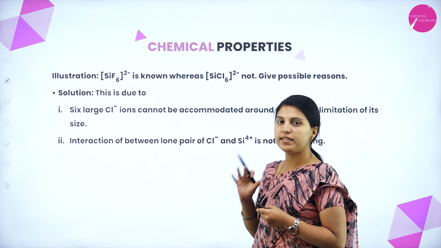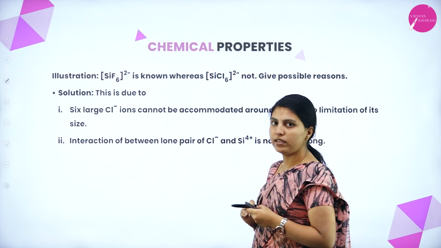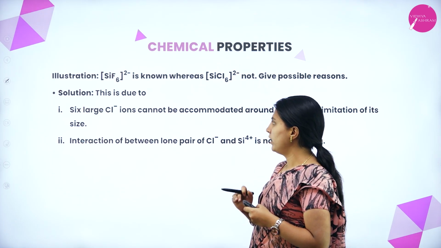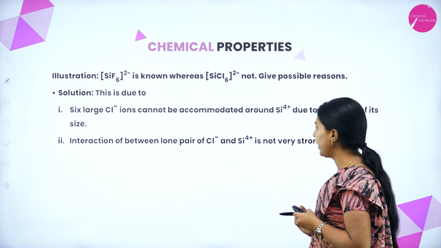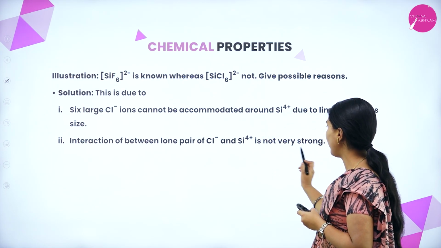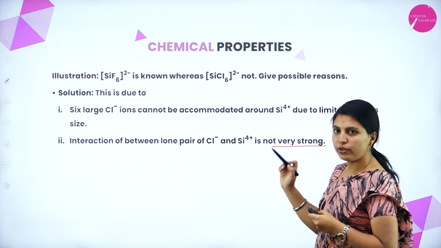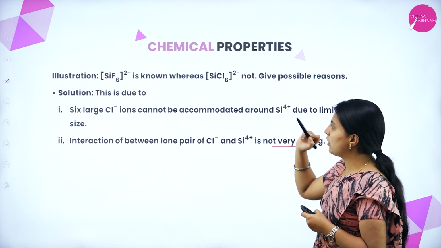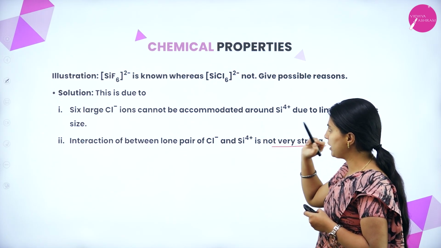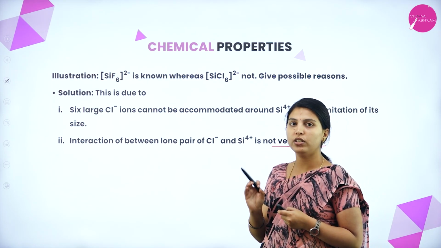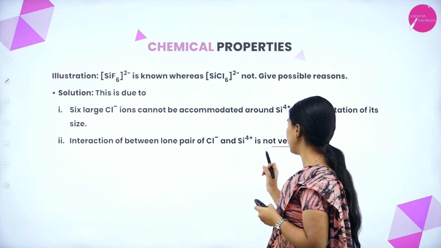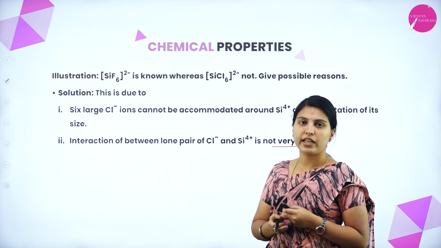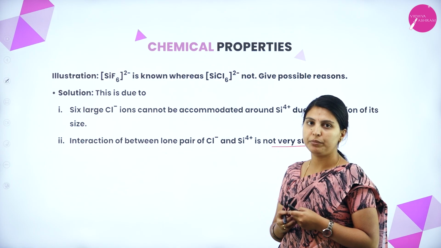Due to the small size of silicon in the 4 plus oxidation state, it cannot be formed. The interaction between the lone pair of chloride and silicon 4 plus is not very strong. Due to these reasons, silicon hexafluoride is known but silicon hexachloride is not known and cannot be formed, due to the small size of silicon and because it cannot form a very strong bond between them.